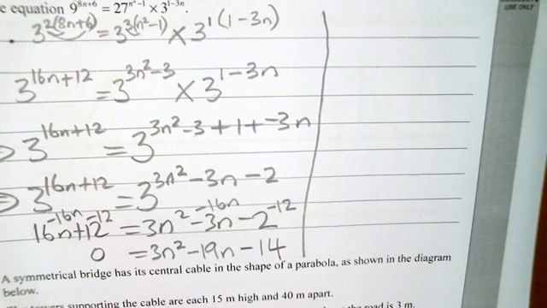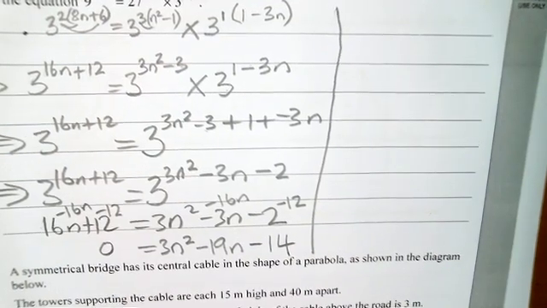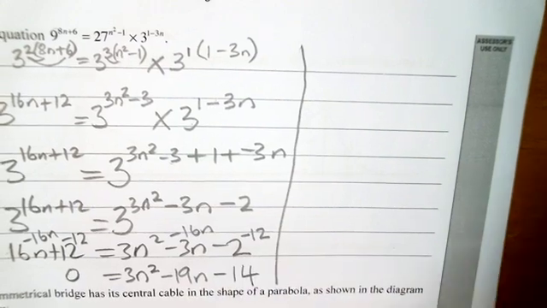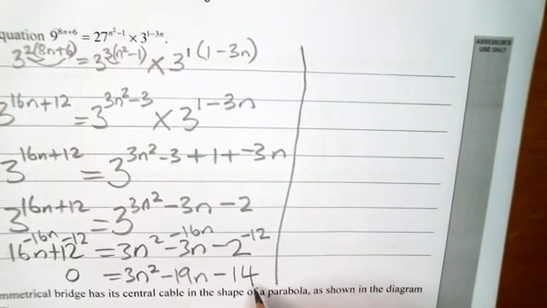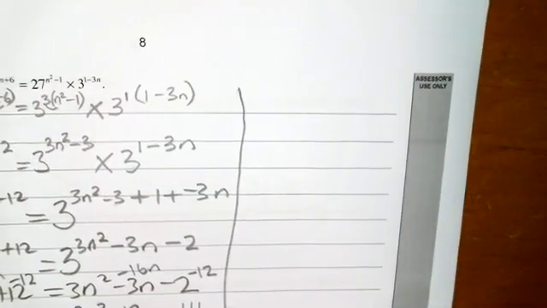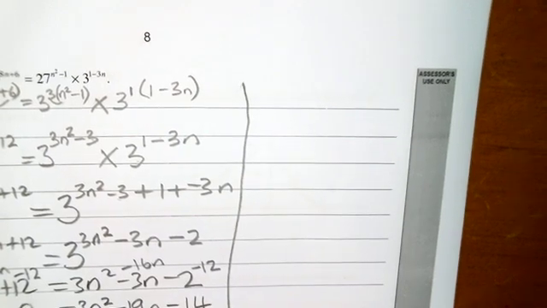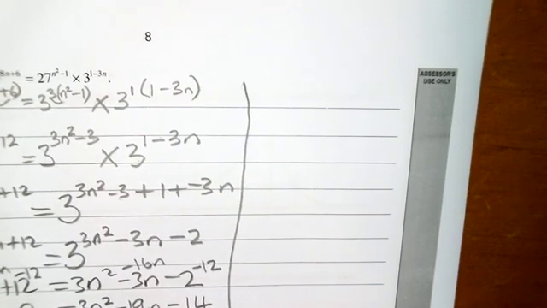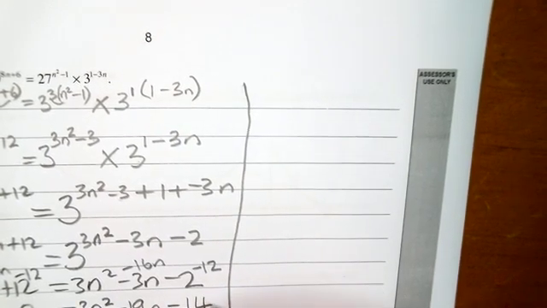All right, so now let's go ahead and see if I can factorize that. So 3 times 14 is 42.